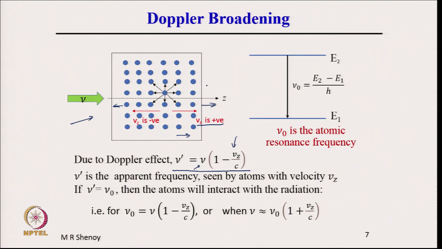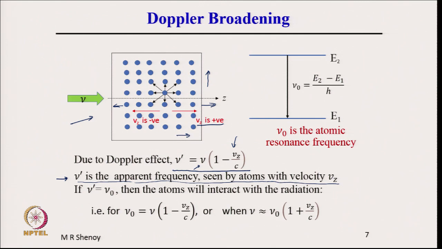And of course, atoms which are moving in a perpendicular direction have Vz equal to 0, and they will see no change in the apparent frequency of the incident radiation. So, nu dash is the apparent frequency seen by the atoms. This is important: seen by the atoms which move with a velocity component Vz.